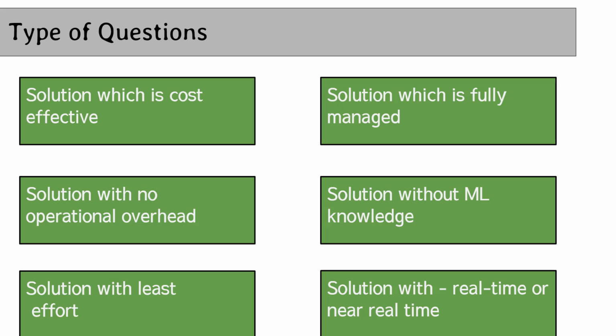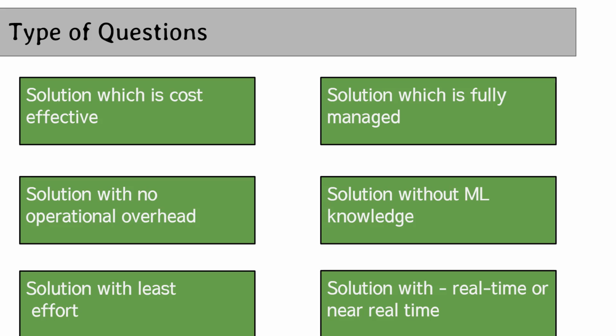Like this only, you will get a question on querying large amount of data in S3, but at the very same time, it may ask you to choose a solution with no operational overhead, and will provide you options like Athena and Redshift Spectrum. So I feel that these 6 phrases actually determine the answer that you choose in the exam. So whenever you are attempting a question in the exam or doing practice papers, you have to look out for these phrases in your question.